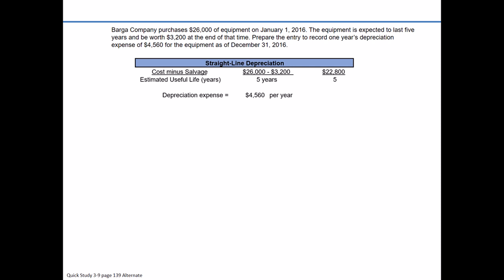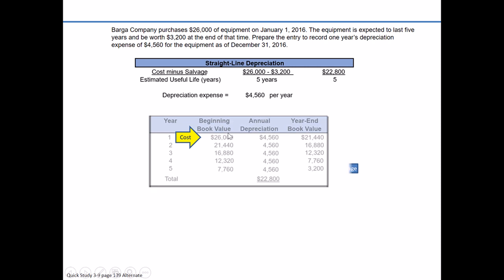So this is one way to do the calculation. Again, we're going to stay pretty simple in this particular chapter. Now, you don't have to memorize the table that I have here. What I just want to prove out is that over the 5 years, there's an equal amount of depreciation expense of $4,560. Slowly, the value of the asset on the books starts out at cost of $26,000.